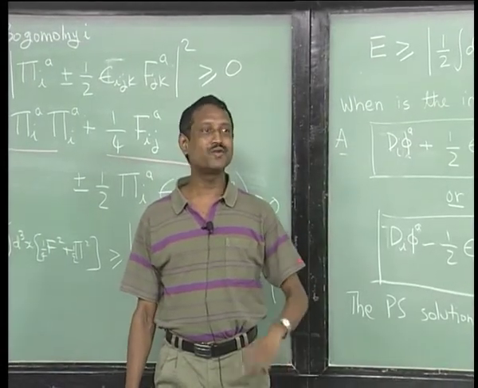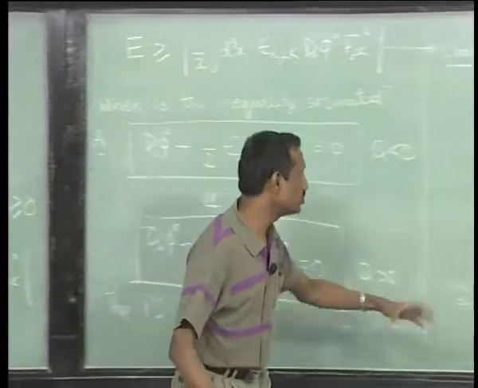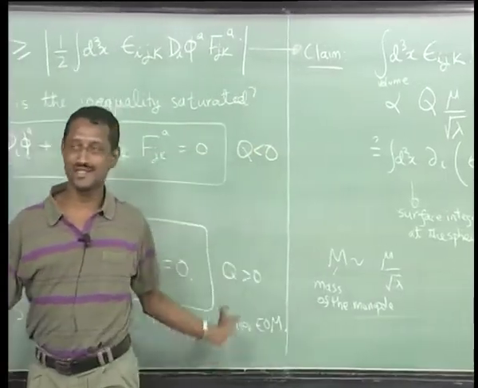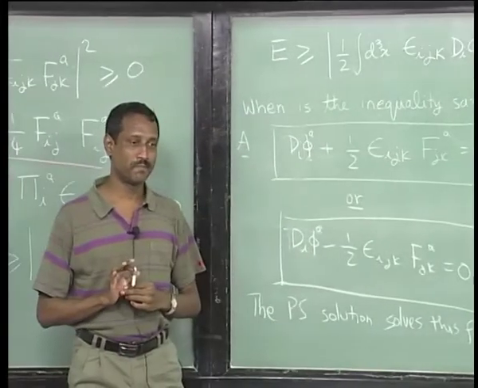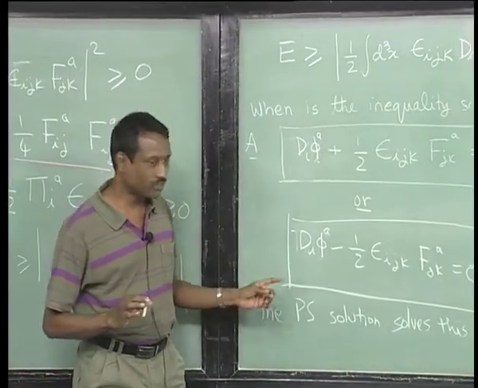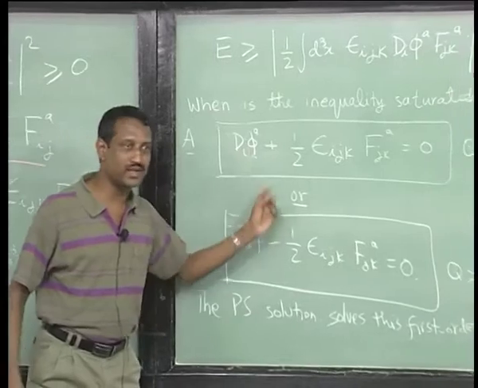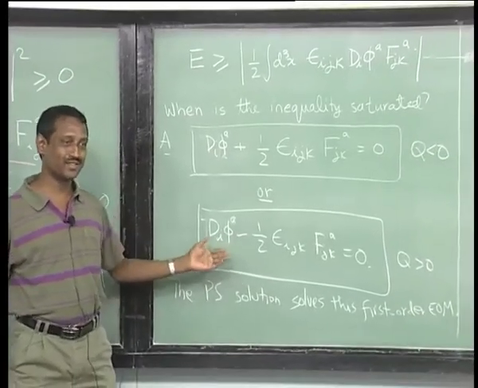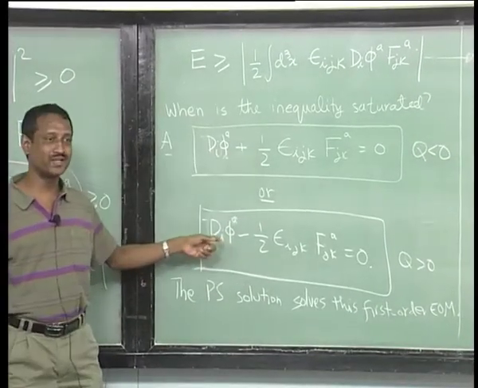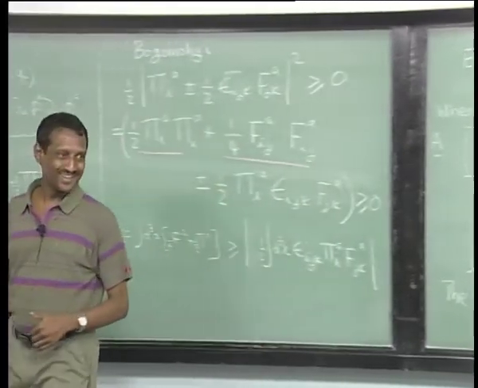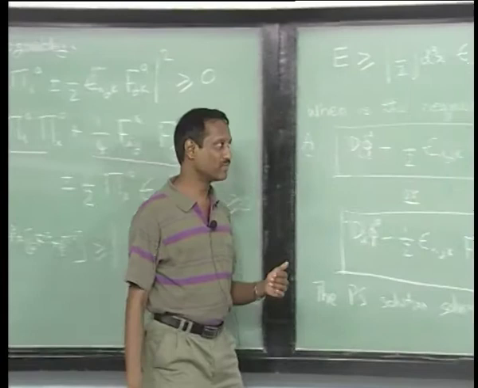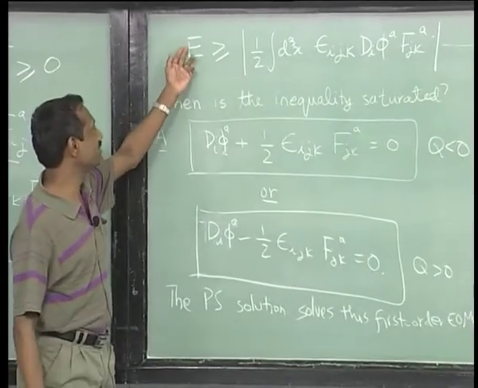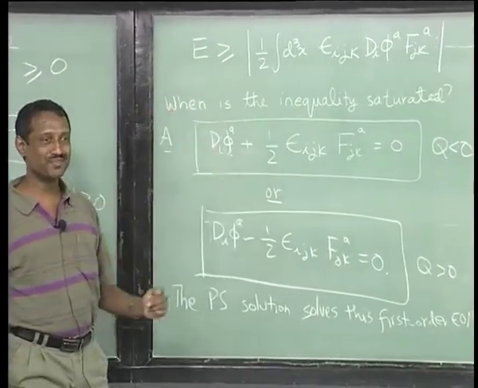So, in other words, if you tell me that it had monopole charge 2 and it saturates this equation, then you are done. But I do not think Prasad and Sommerfeld realized that whatever satisfies this equation will satisfy the second order differential equation, but the converse need not be true, because there exist solutions, at least in principle, for which E is greater than this number with this charge.